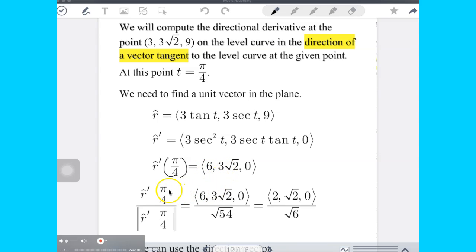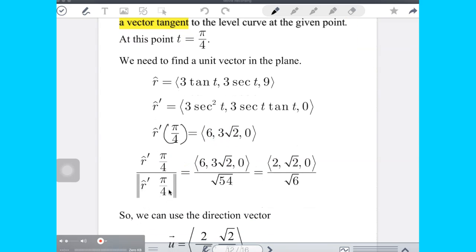Remember, for directional derivatives you must have the unit vector. In this case, r prime is just a tangent vector, but then you have to find the unit of this tangent vector, which is actually the capital T vector that we obtained before. You have learned about this before. That is actually the unit vector.